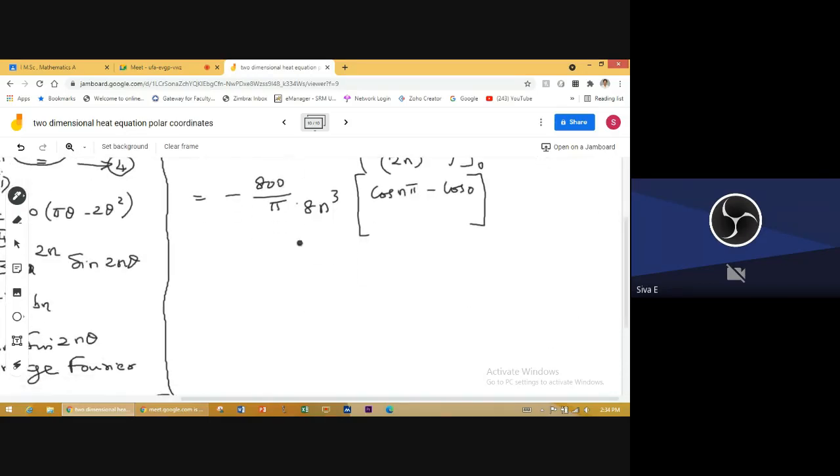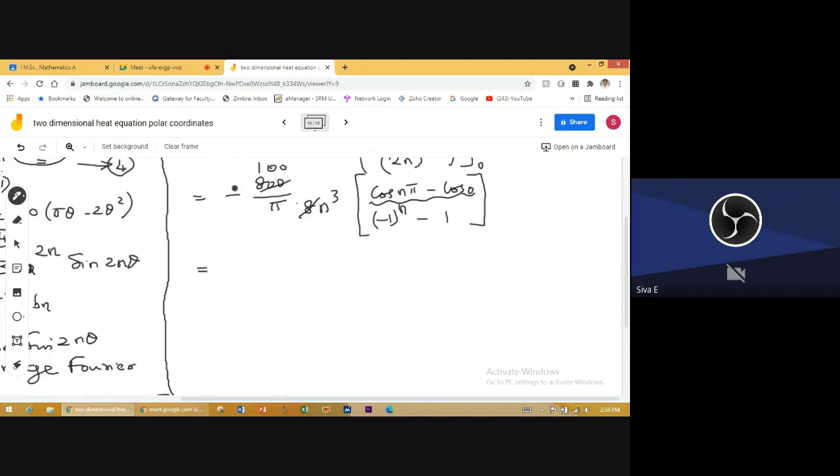Cancel that, 100. And then cos n pi we know is minus 1 whole power n, and cos 0 is 1. So this will become minus 1 whole power n minus 1.